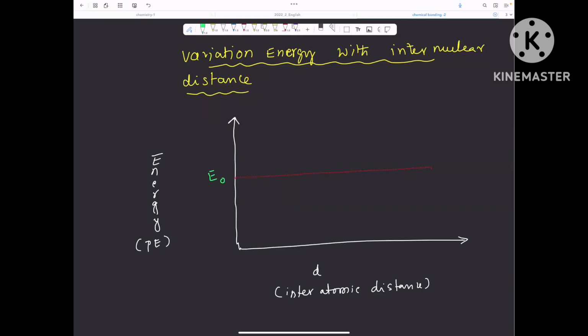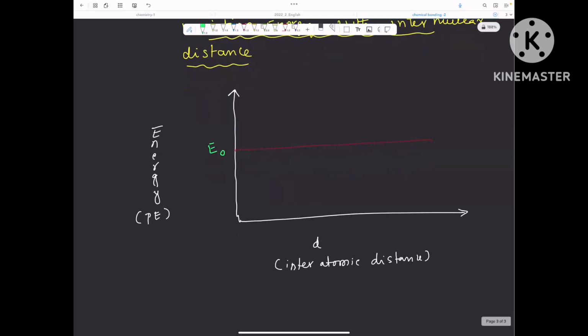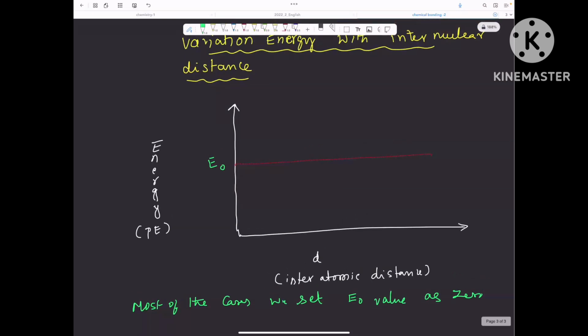We represent it generally by E0. In most cases, we set the E0 value as 0.